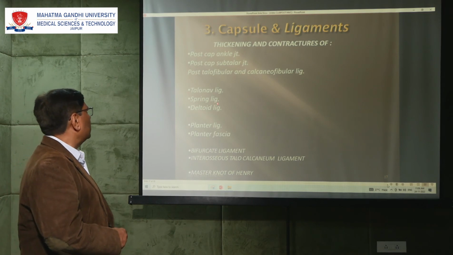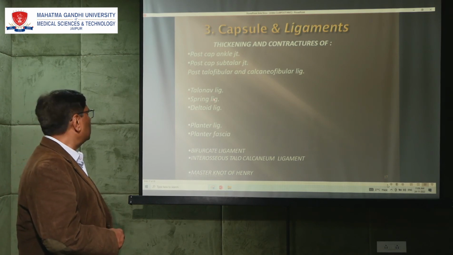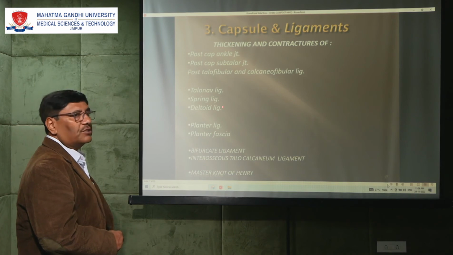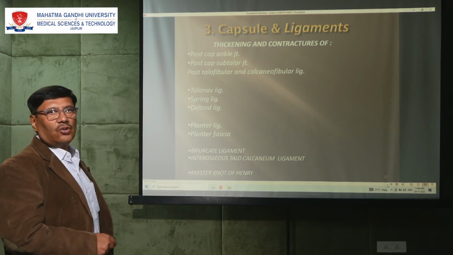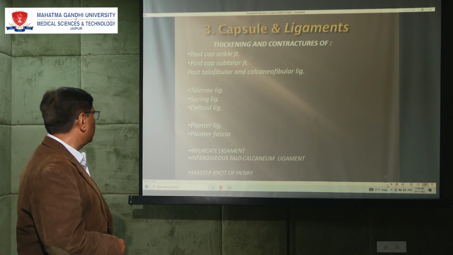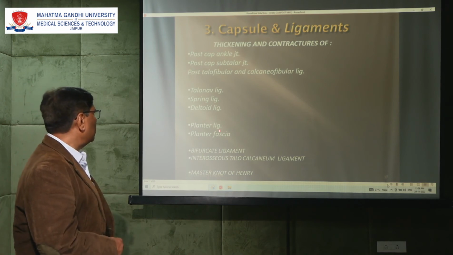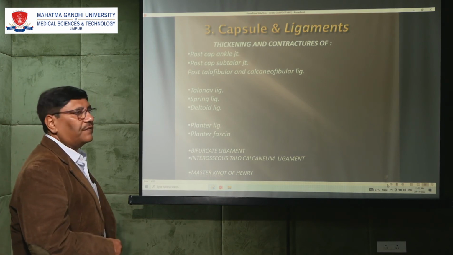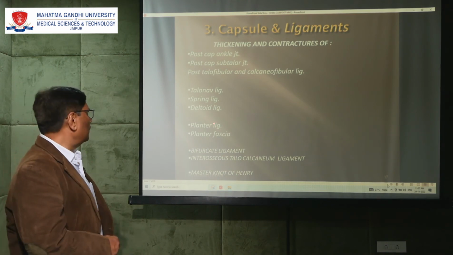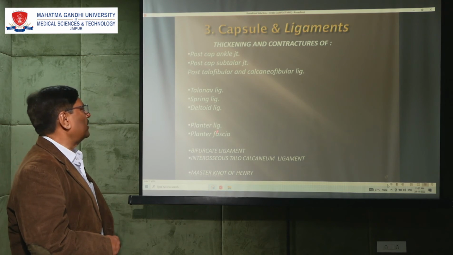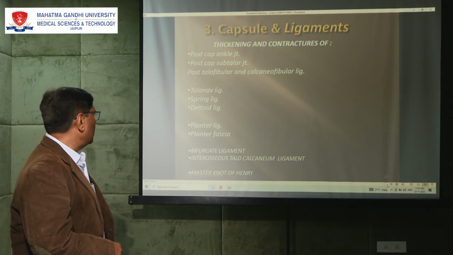On the medial side, there is the deltoid ligament, the spring ligament which supports the talar head, and talonavicular joint capsule. These are all contracted and need release. Inferiorly, there is plantar ligament and the plantar fascia. Because of the equinus positioning of the foot, these two structures are contracted and need stretching.